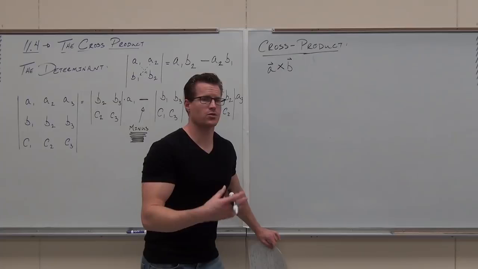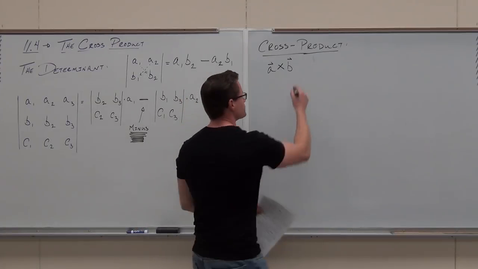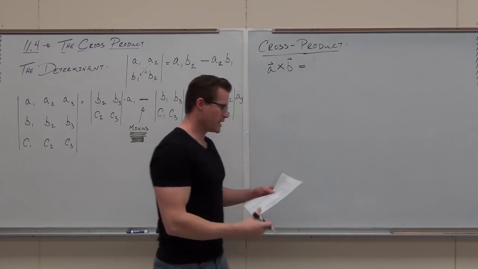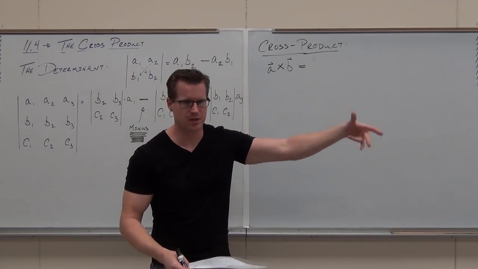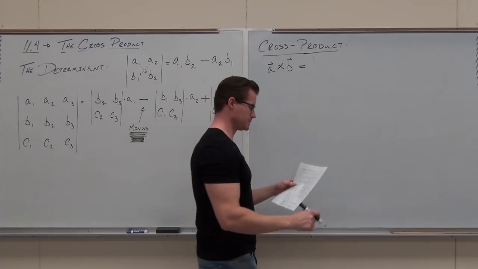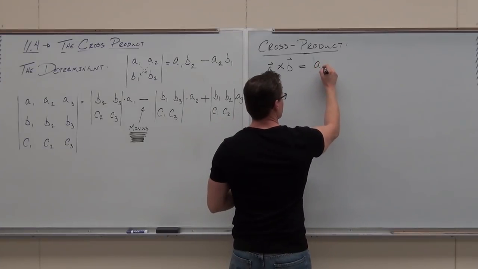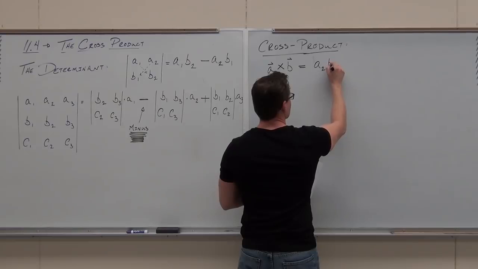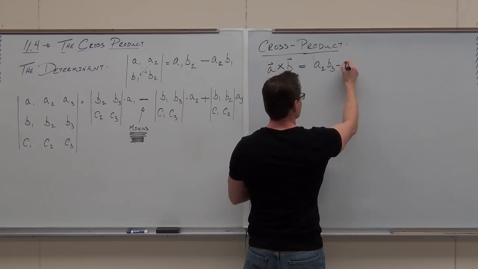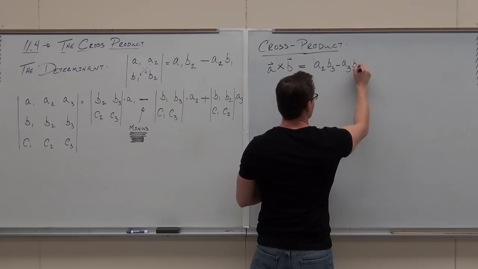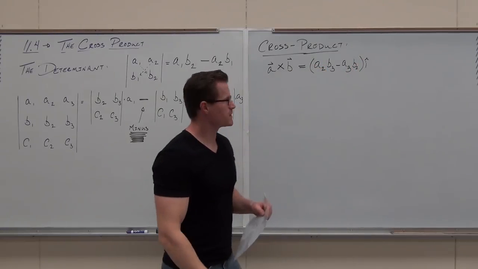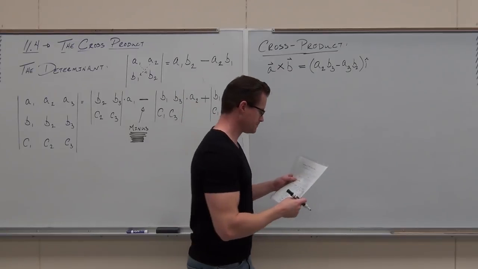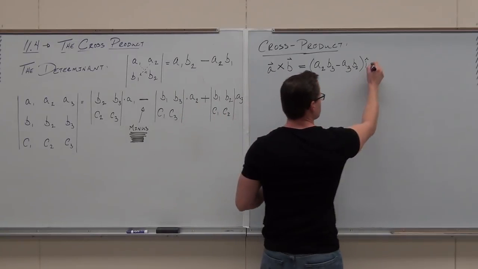Here's the definition of what a cross product actually does. Provided we have these two vectors, A1, A2, A3, and B1, B2, B3, here's what the cross product does. It takes A2B3 minus A3B2, and puts an I after them.